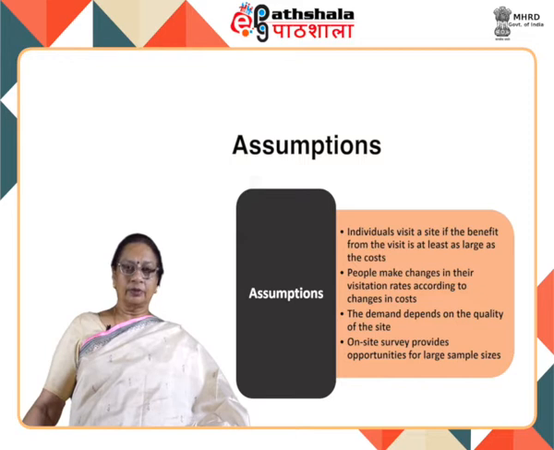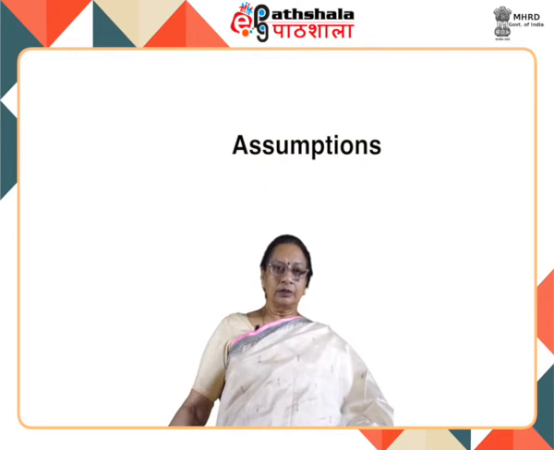On-site survey provides opportunities for large sample sizes as visitors tend to be interested in participating. TCM uses information about people's actual travel costs to determine their WTP and the relevant demand curve. It refers to the cost of time and travel incurred by people to reach a recreational site.